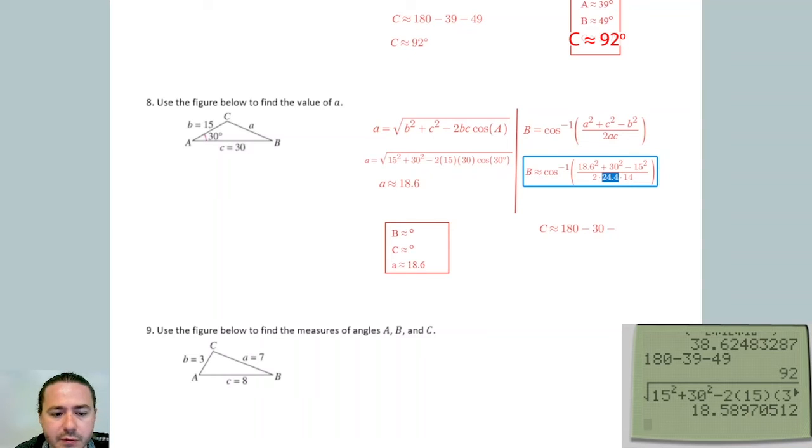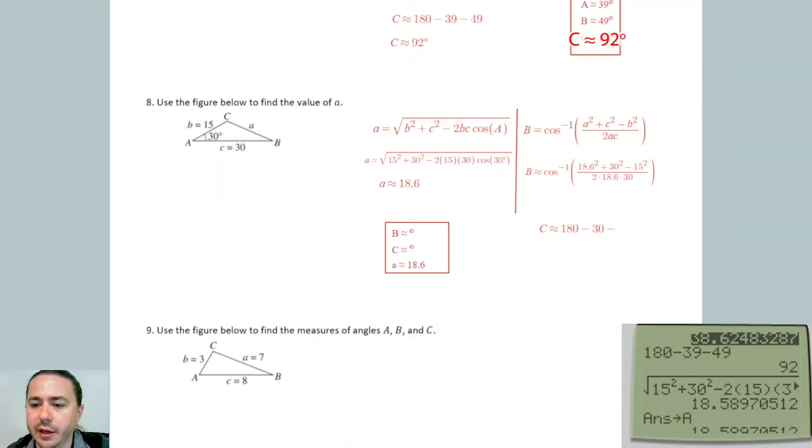So 2 times, let's see, A is the 18.6. I'll have to use that store function again, times C, which is 30. Okay, so in my calculator, I'm going to store this 18.6 so I can use the exact value. I'll just stick it into A.